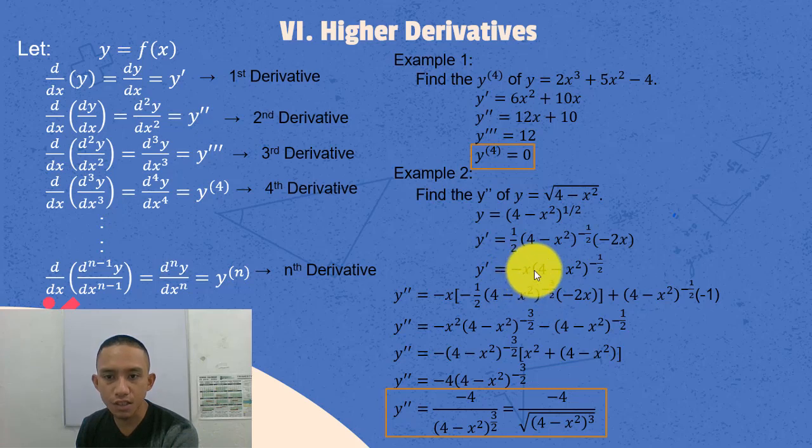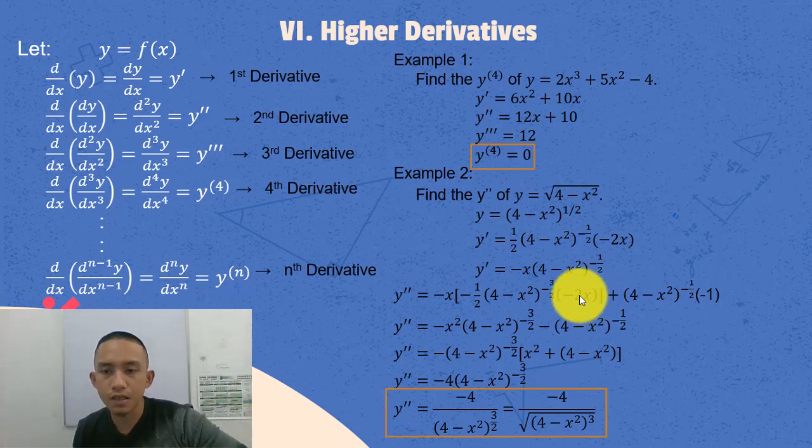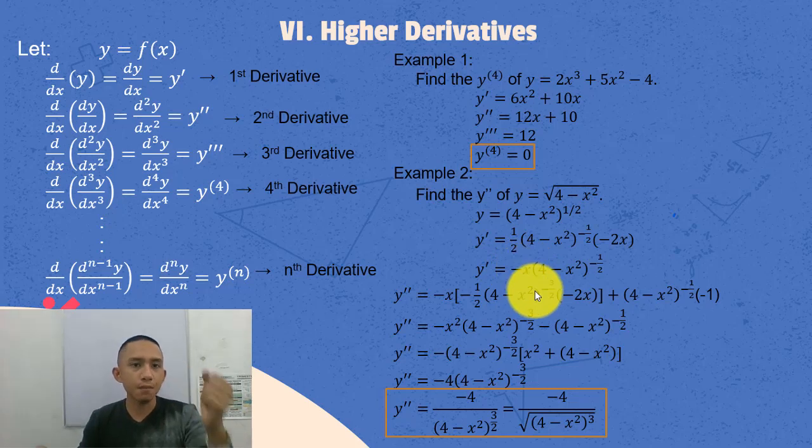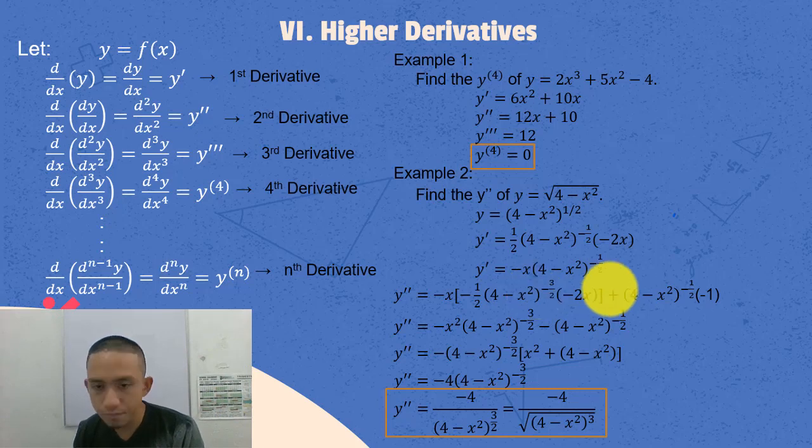In my solution here, I took it as part of the first function. What is the product rule? Copy, differentiate, plus copy, differentiate. That is what we'll be doing.